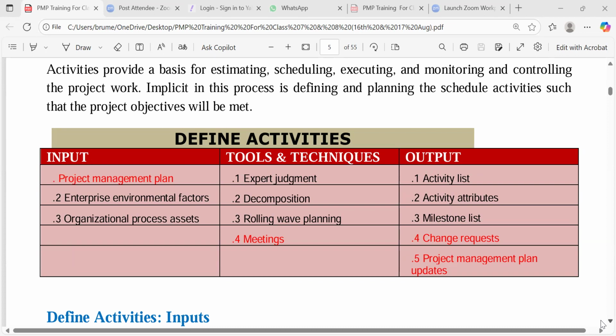We have activity attributes, which are the descriptions and details of those activities, everything that can describe them better. Then we have the milestone list as an output.